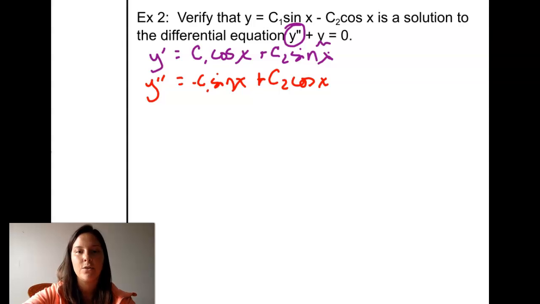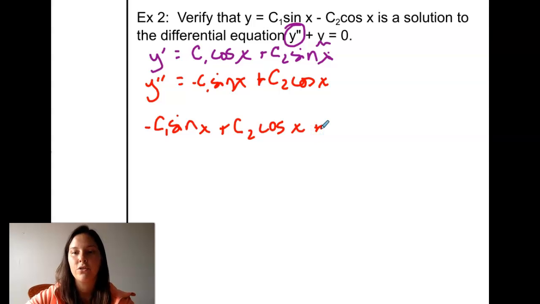All right, subbing that into our differential equation, we've got negative c1 times the sine of x plus c2 times the cosine of x plus our original function. So now I'm subbing in that c1 times the sine of x minus c2 times the cosine of x, and showing that all of that is equal to 0.